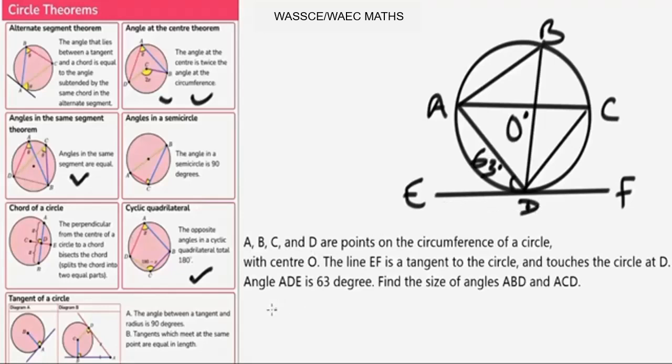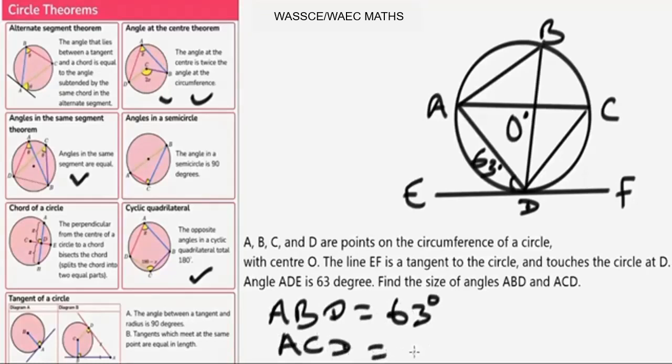That means our angle ABD will also be what? 63 degrees, and our angle ACD will also be what? 63 degrees. The reason is that angles in the same segment are what? Equal. So it's as simple as that, guys.